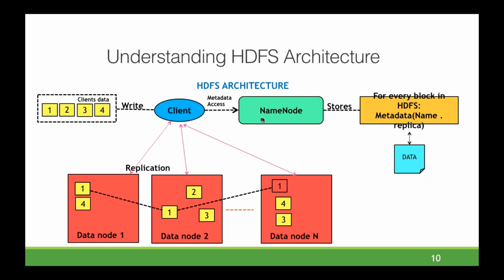Supposing block 1 is written on data node 2, it can also be written to a third data node if the replication factor is set to 3. So it will create 3 replicas, and this will be done in a pipeline fashion. It's not that the client has to come back and write again; it will automatically be written in a pipeline form.